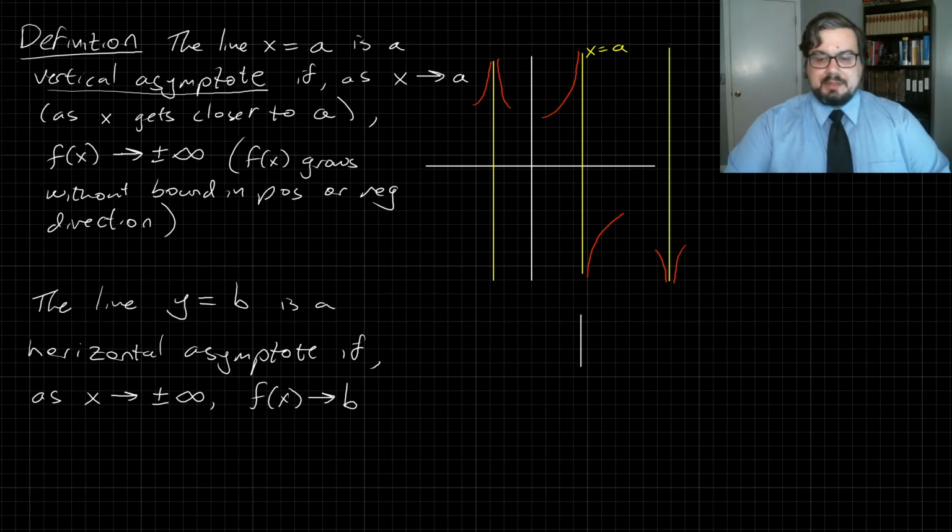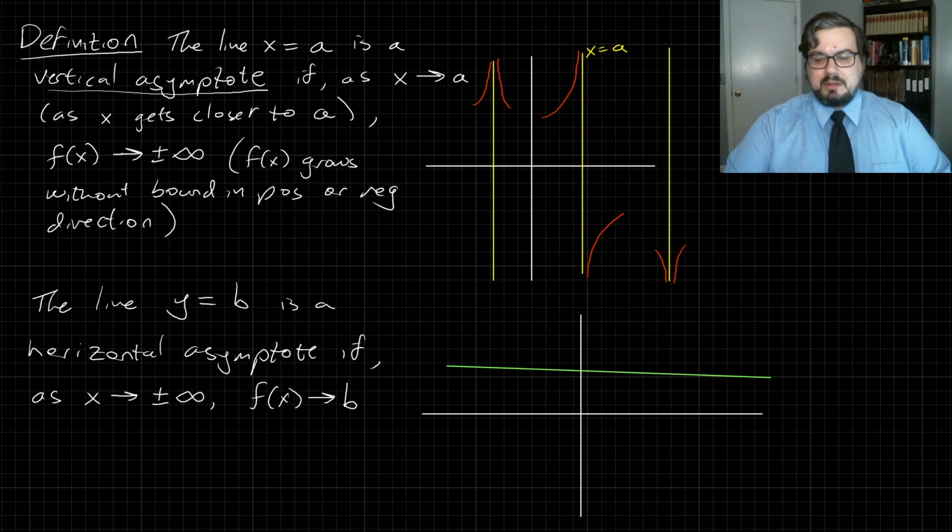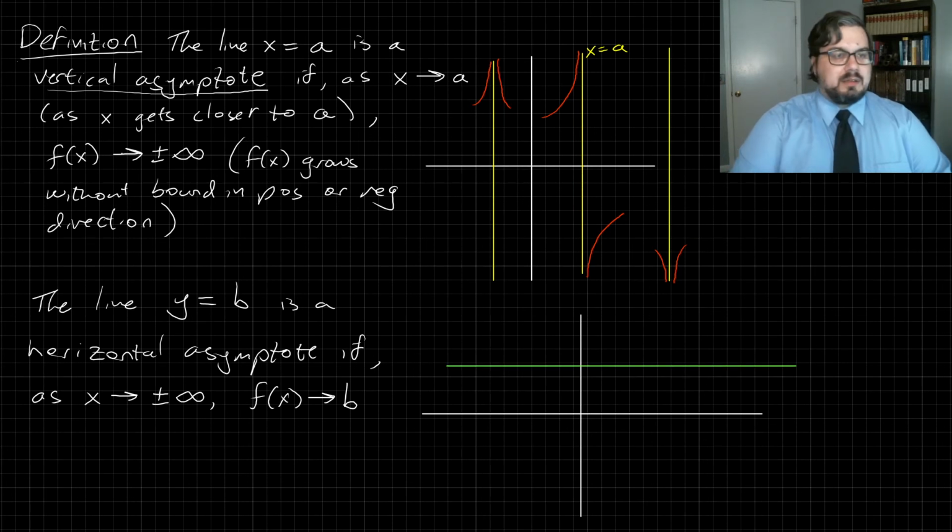So this would be a situation like the following. We've got a line y equals b, and then we've got a function. The function gets closer and closer to this line as you move off to the left or the right.